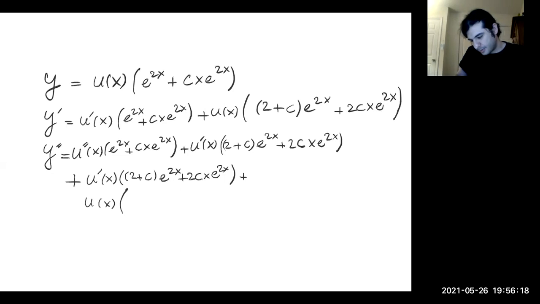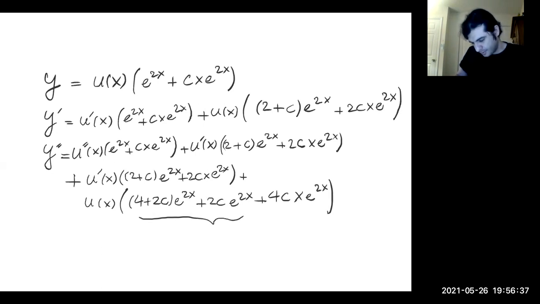It equals (4 plus 2c) e to the 2x plus 2c e to the 2x plus 4c x e to the 2x. I can actually combine these two and I would get 4 plus 4c. And I would just get rid of this one.